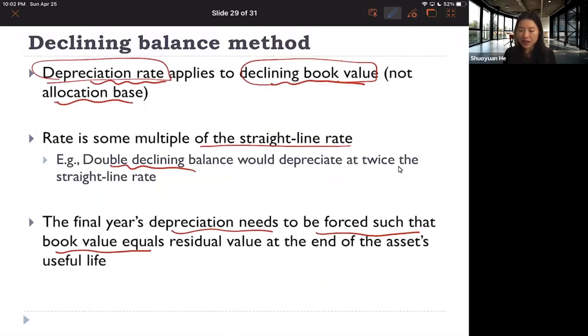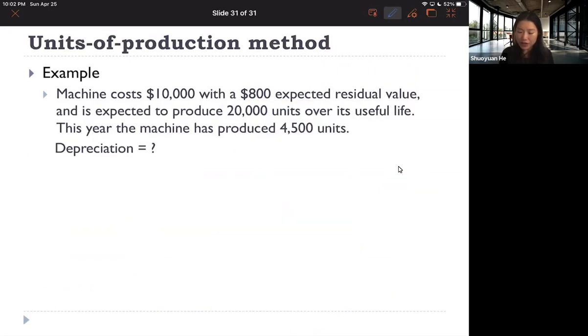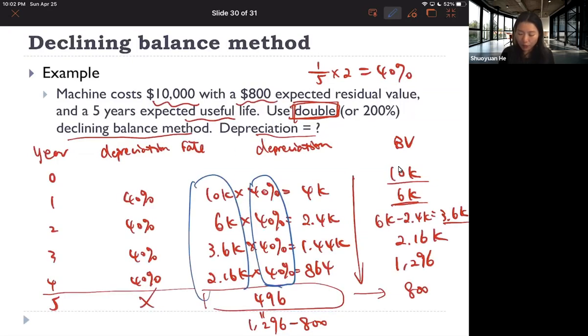Versus if we're using the declining balance method, we are keeping the depreciation rate the same. And we are achieving accelerated depreciation because the book value is more in early years.